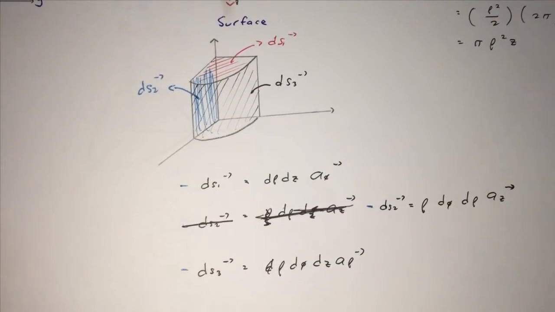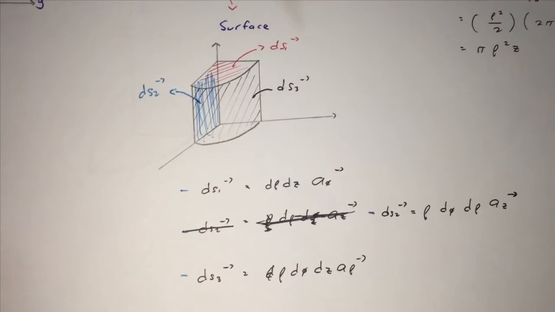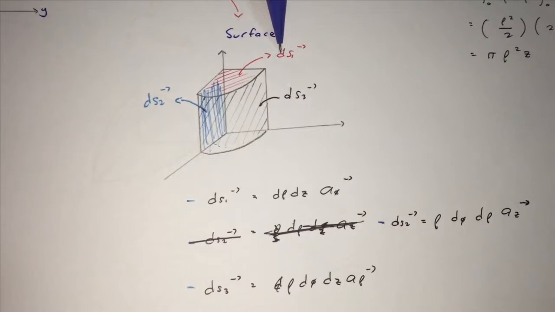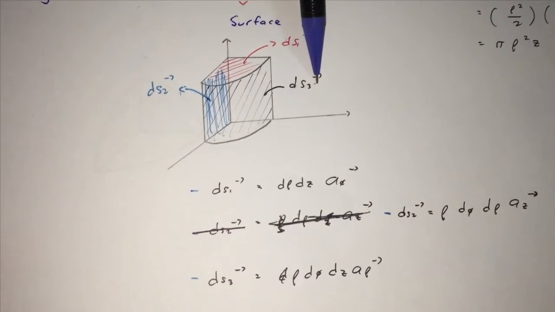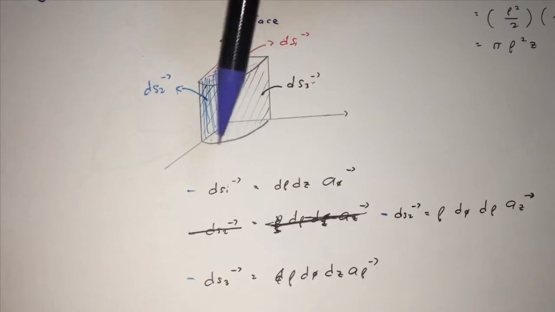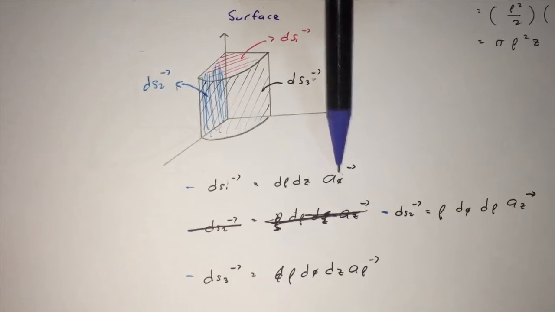Okay, for number 2, we can differentiate into surface for cylindrical coordinate. I have 3 examples, which are surface 1, surface 2, and surface 3. For S1, after we differentiate, we will get rho dz a phi.